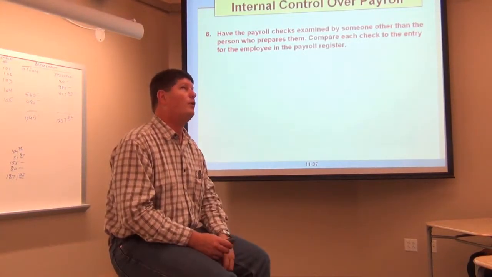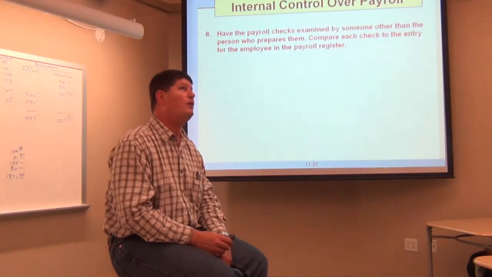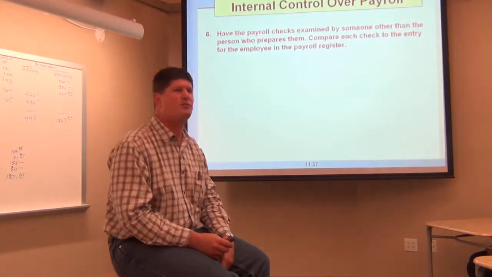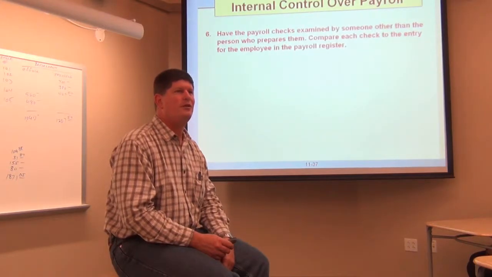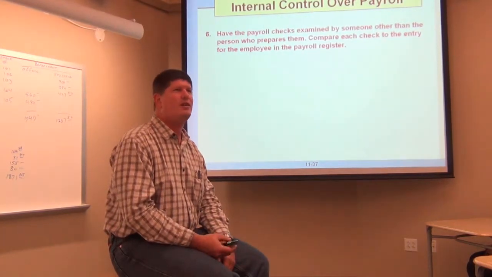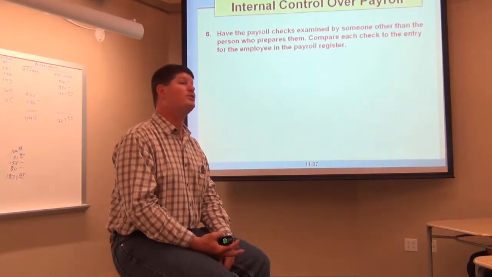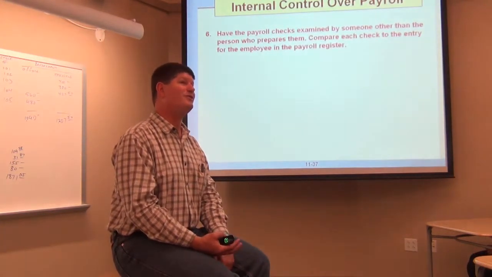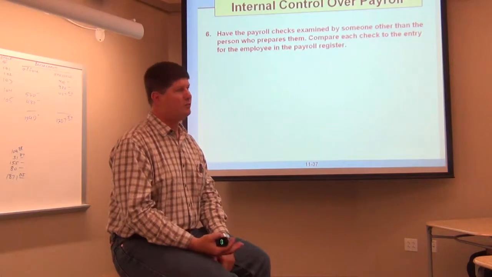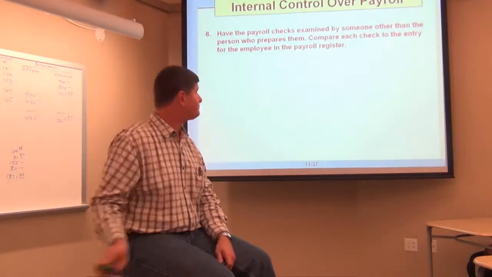That way you don't have one person responsible for all payroll functions. What happens if one person is responsible for all payroll functions? Pay themselves a little bit extra, pay their buddies a little extra. Maybe you get some bogus employees that don't really exist who all of a sudden are getting checks, right? So you want to have those double checks in place.